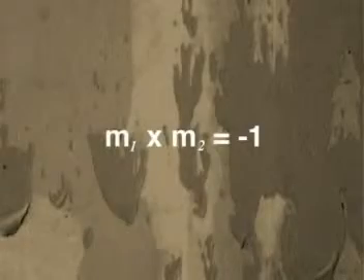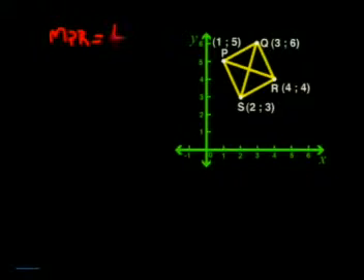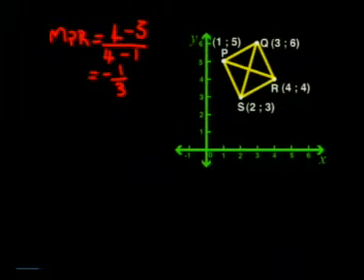Well, let's think. If lines are perpendicular, we know that the product of their gradients is -1. If we find the gradients of PR and QS and multiply them together, we will see whether they are perpendicular or not. The gradient is (4 minus 5) divided by (4 minus 1). So for PR, that will be -1/3.